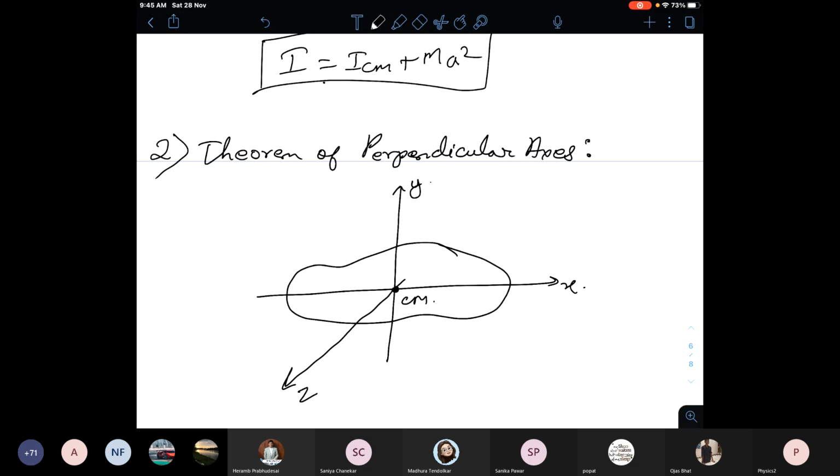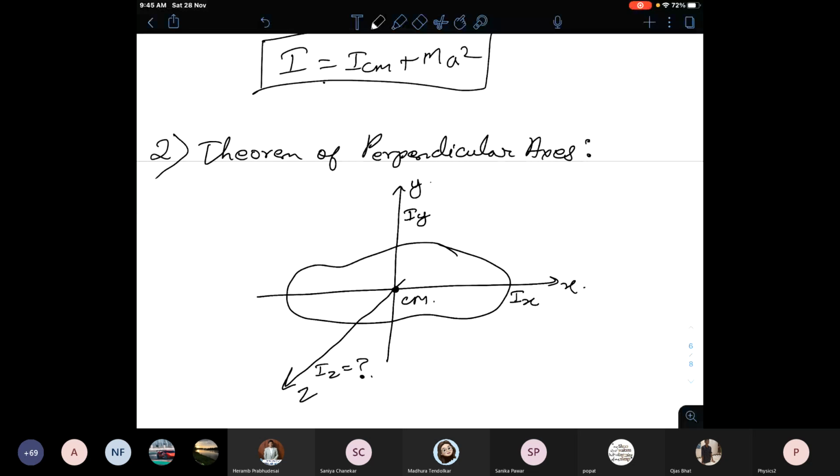If such a situation is happening, let's take it that the moment of inertia about x is known to me, the moment of inertia about y is known to me, but I need to find the moment of inertia about z.